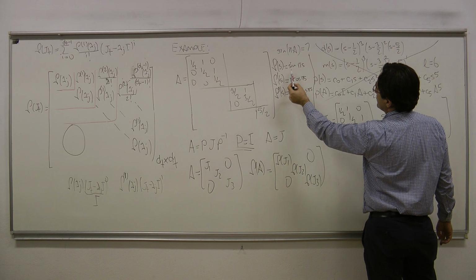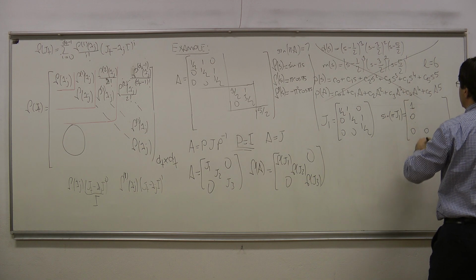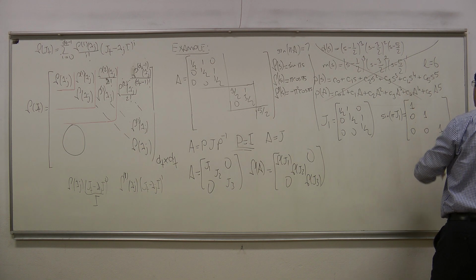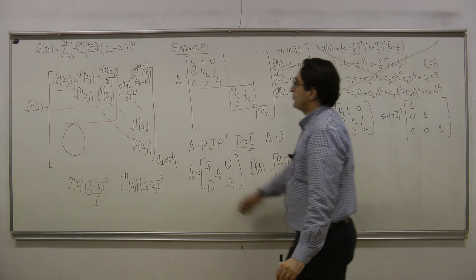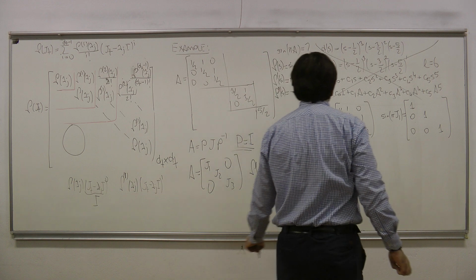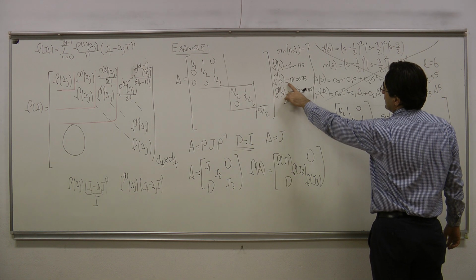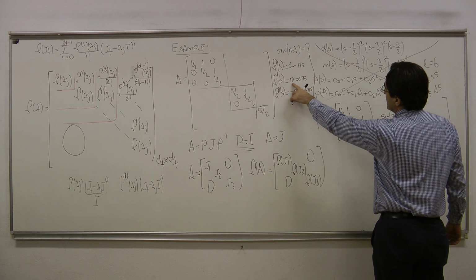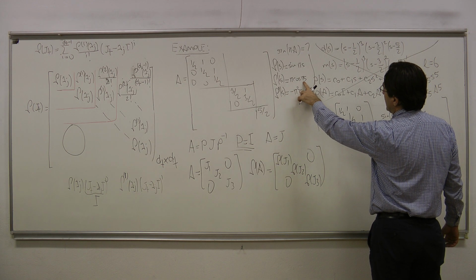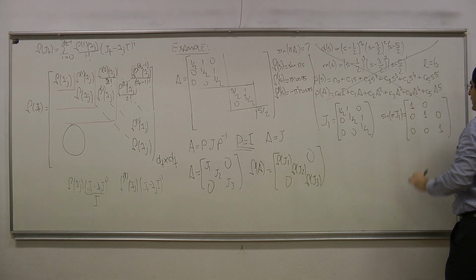Sine pi times 1 over 2 is sine pi over 2, which is 1. So on the main diagonal, I have 1. And on the first super diagonal, I have f prime evaluated at the eigenvalue of the Jordan block. F prime is this one. Evaluate this at 1 over 2. So pi cosine pi over 2. Cosine pi over 2 is 0. That means that the super diagonal is 0.